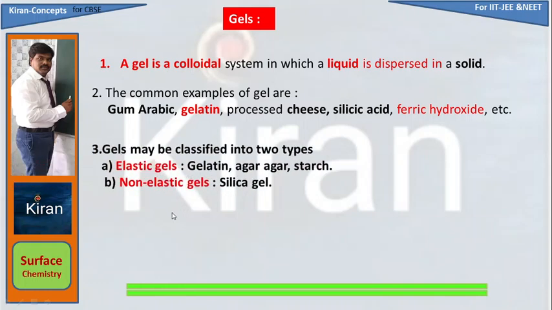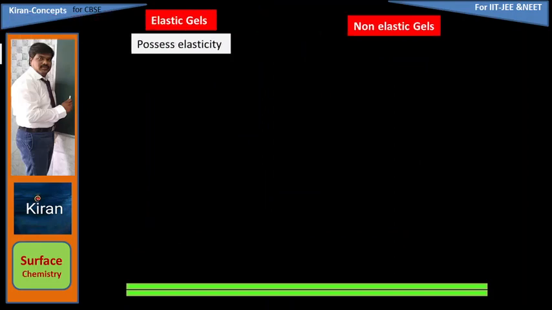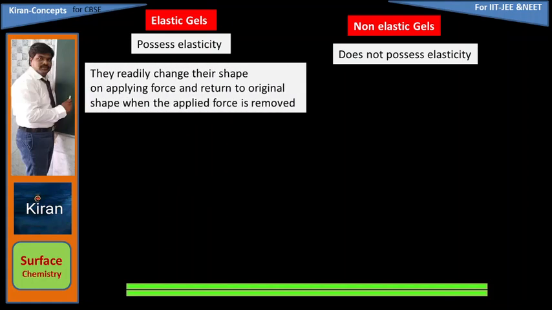Gels may be classified into two types: elastic gels, such as gelatin, agar-agar and starch; and non-elastic gels, such as silica gel. We are going to learn a few differences between elastic gels and non-elastic gels. Elastic gels possess elasticity; non-elastic gels do not. Elastic gels readily change their shape on applying force and return to the original shape when the applied force is removed.